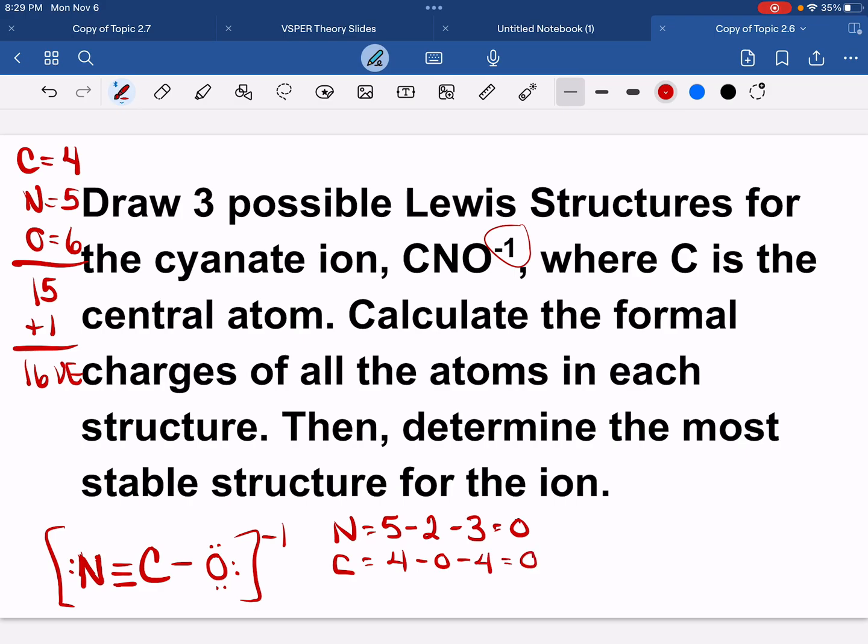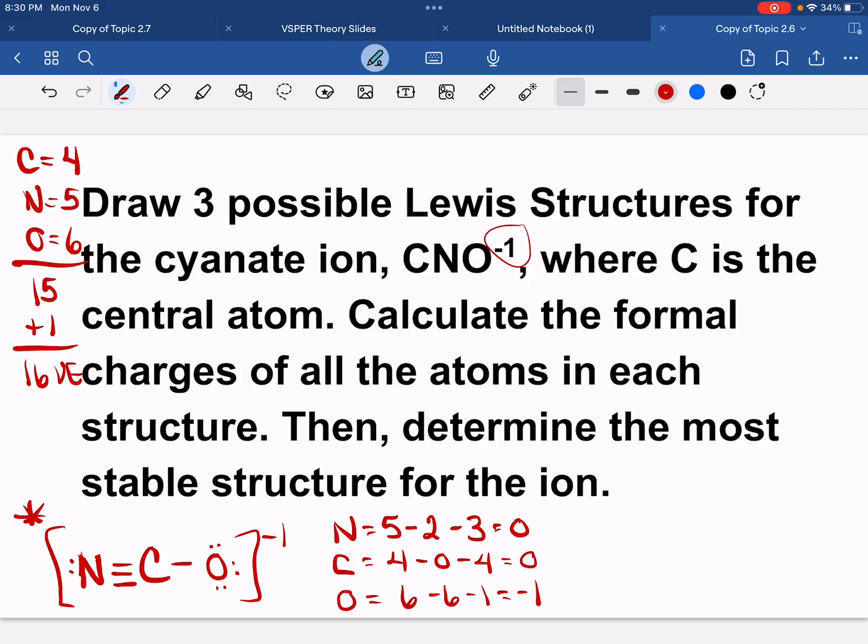It has a formal charge of 0. My oxygen has 6 valence. It has 2, 4, 6 lone pair, and half of 1 bond, which is 1. So this is a -1. So right now, I have 2 of my atoms at a 0 and my most electronegative atom with a charge. So this is a winner-winner chicken dinner right here.